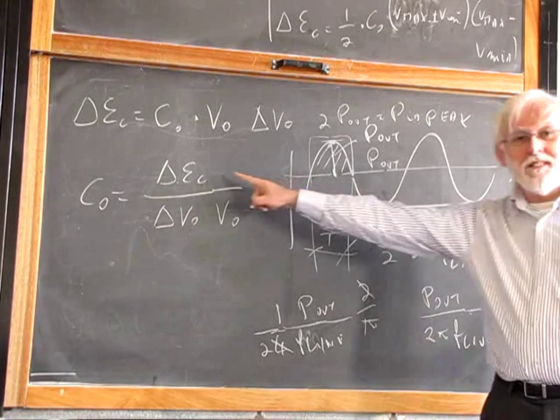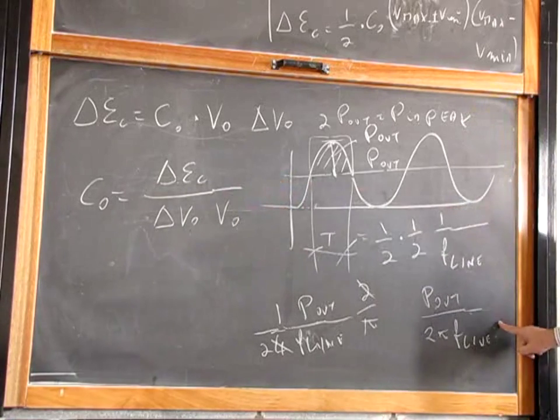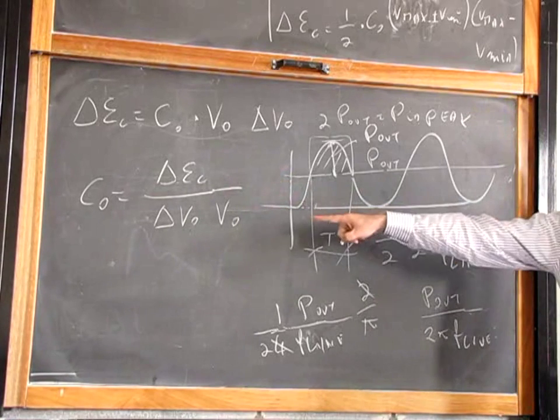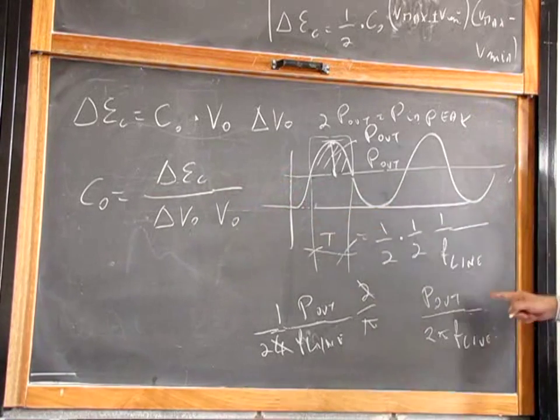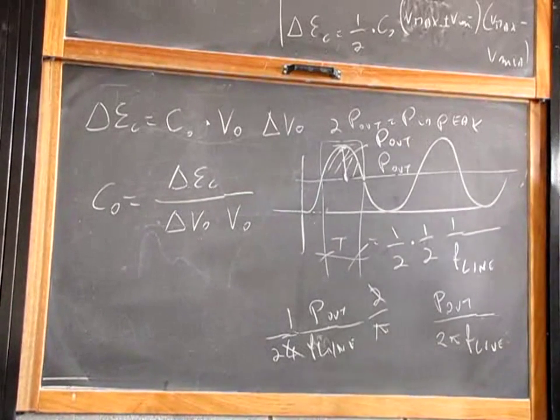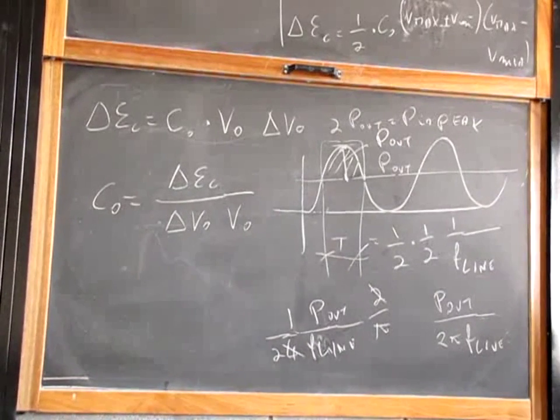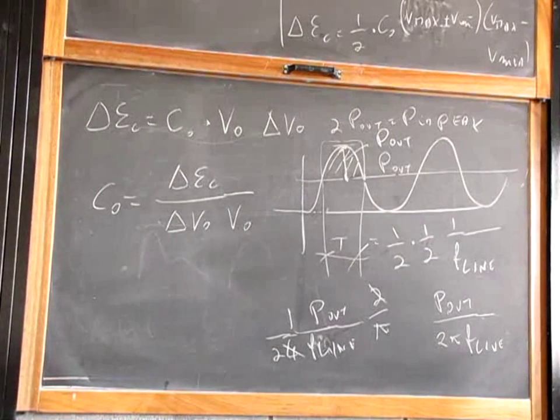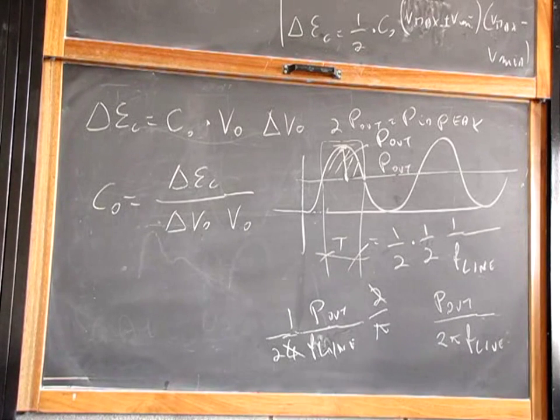This is the energy divided by delta V divided by V naught. You get your capacitance. The real capacitance, because this capacitor works at 120 Hz if we are in the US, it works at 100 Hz if we are in Europe. This is one way to find out the capacitance value.